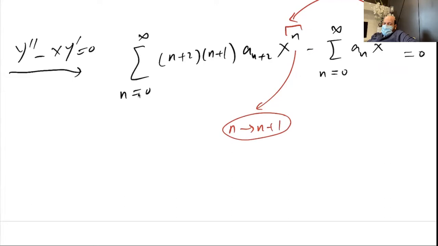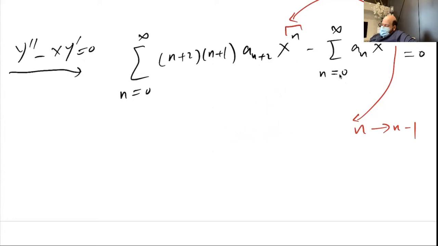So I will not change this n to n plus 1. But instead, if I change n to n minus 1 here, then the starting index will shift to the right. So instead of starting with 0, I will start with 1, which is okay. So let's proceed with this solution and change n to n minus 1 here.